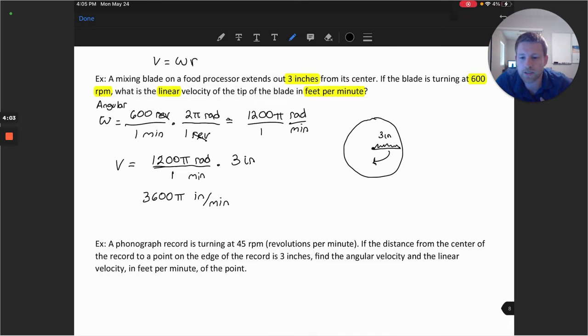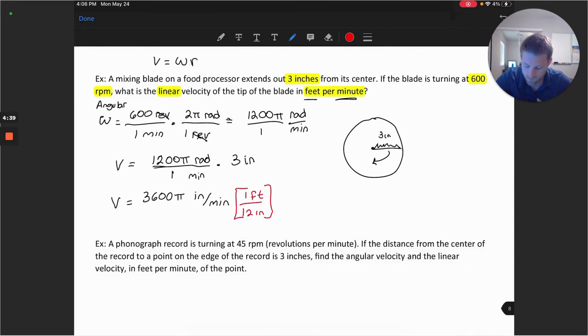The only problem here is since we're doing inches per minute, we want to do a conversion to get into feet per minute. That's the final measurement that we want. If I convert this to feet per minute, I know that 1 foot is 12 inches.